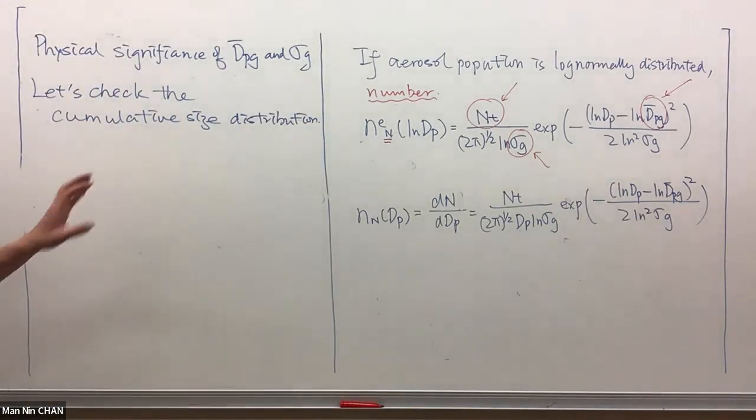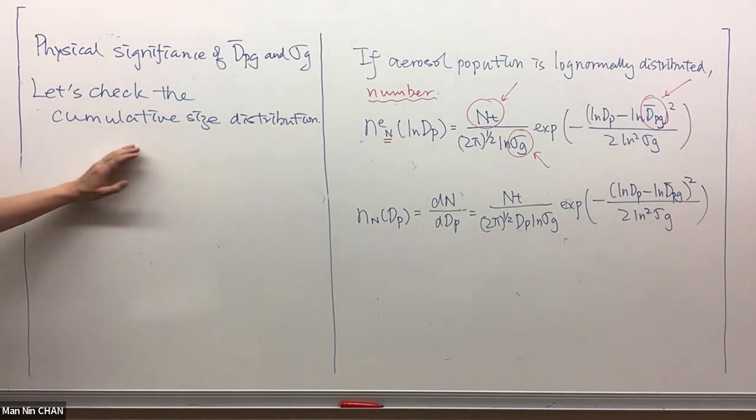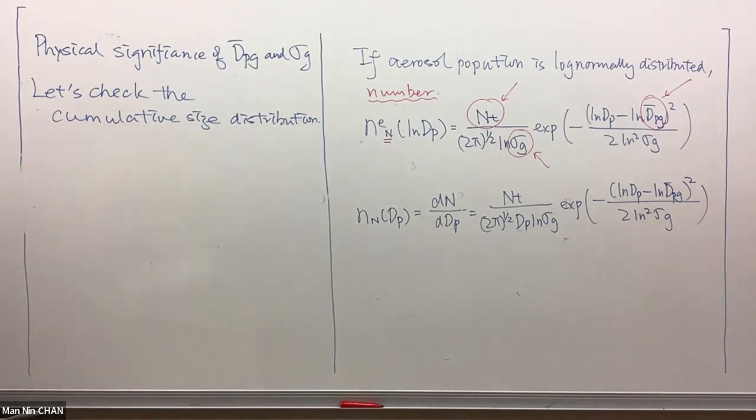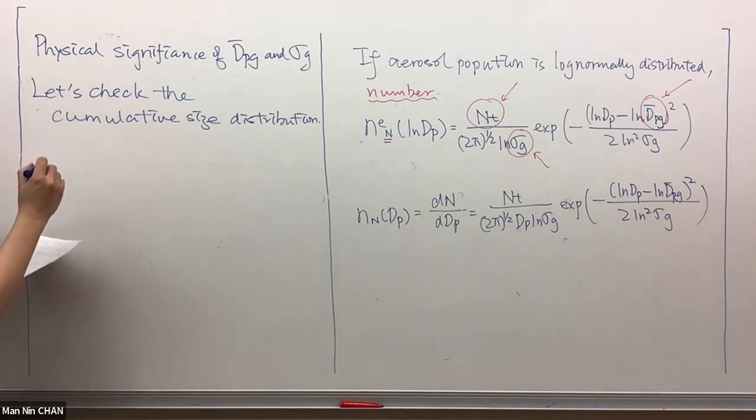So you have this function, this log normal distribution function, and we're looking at what we call the cumulative size distribution. That means you look at, say, up to a certain size, what's the number of aerosols.